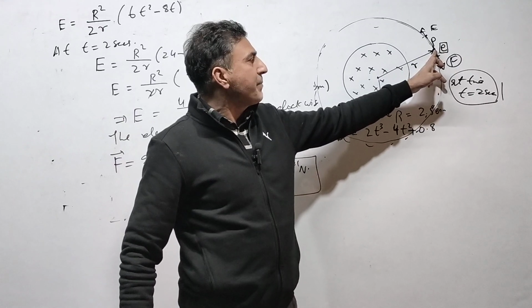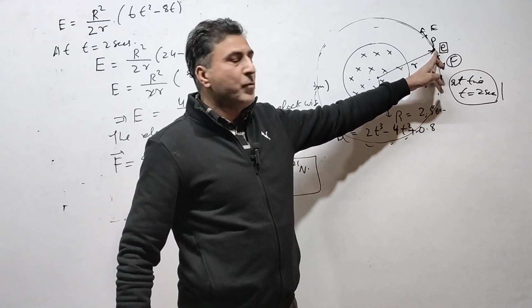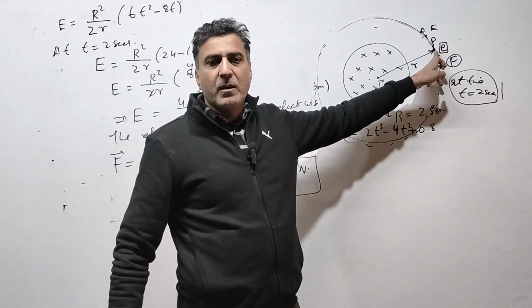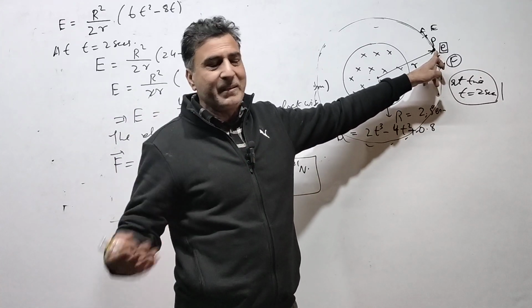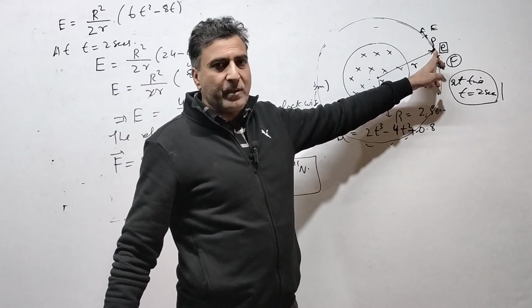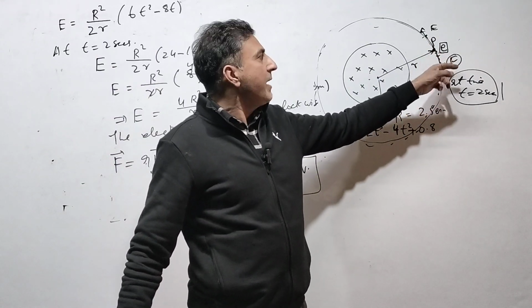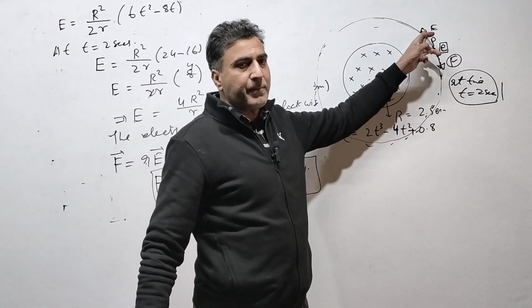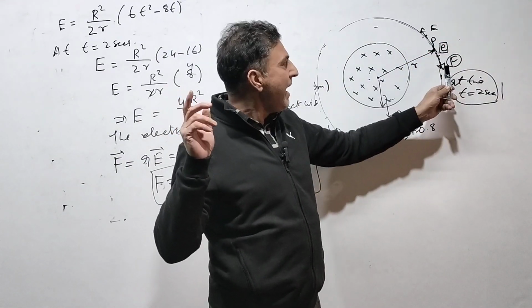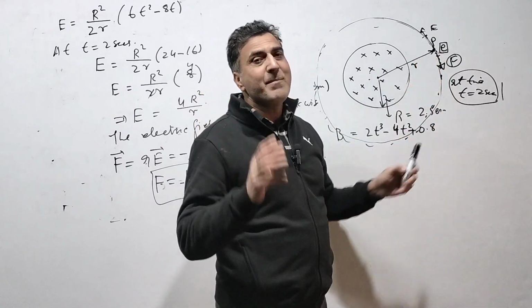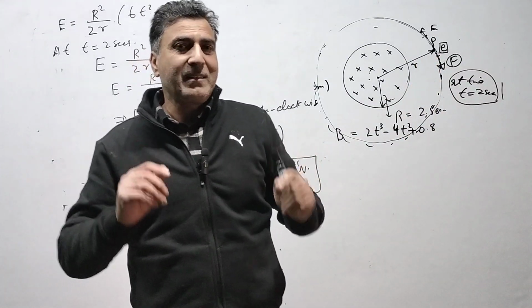We had to find the electric field at this point, and for that we used Maxwell's equation: integration of E dot dl is equal to minus d phi by dt. And we got the electric field here. Then we placed the electron here, and there is a force on this electron due to this electric field. The electric field has this direction because we got a positive value, and the force is opposite to the electric field because the electron is negative.